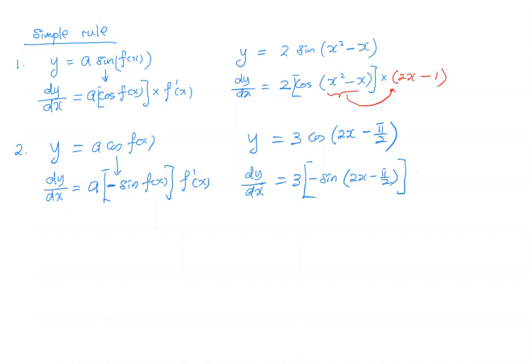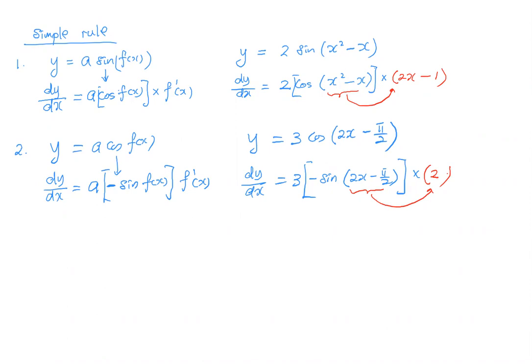Times by what is the derivative of 2x? 2. What is the derivative of pi by 2? 0. Yes, you are right. So this is the simple rule. Got it?